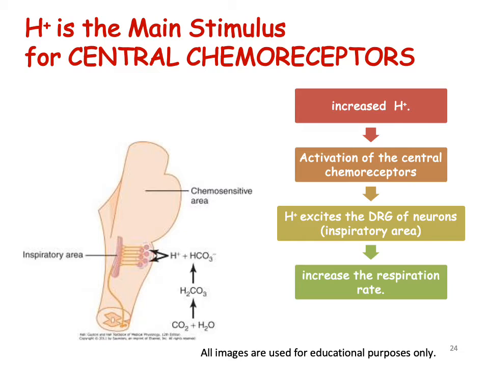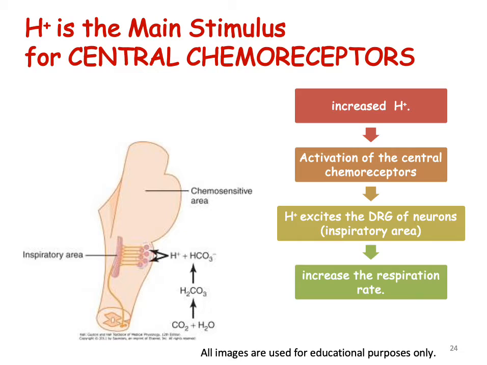As you can see here, the carbon dioxide gas released in metabolism will become carbonic acid, and then dissociation happens that produces hydrogen ion. So the number of hydrogen ions in the blood will increase.